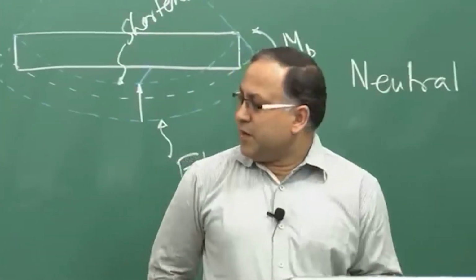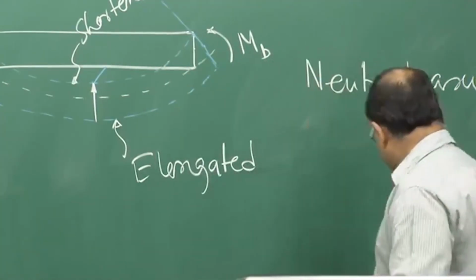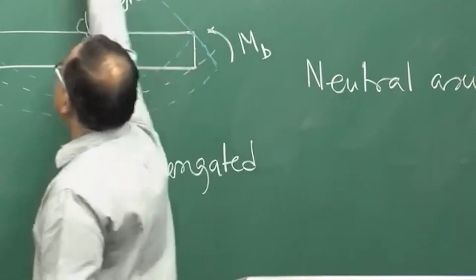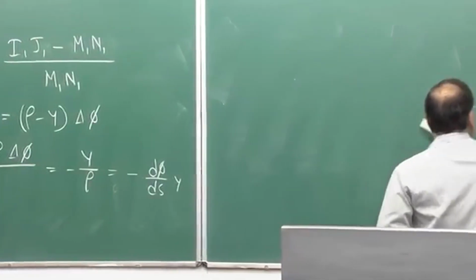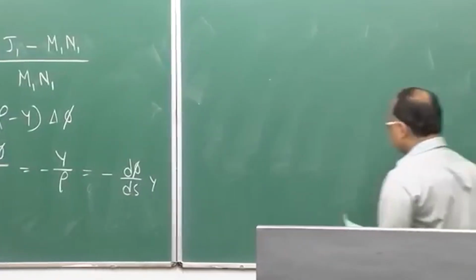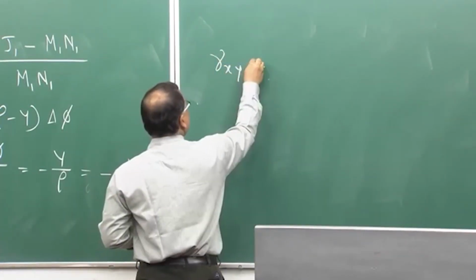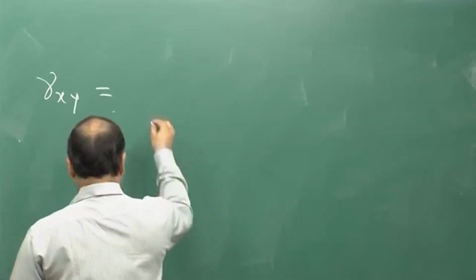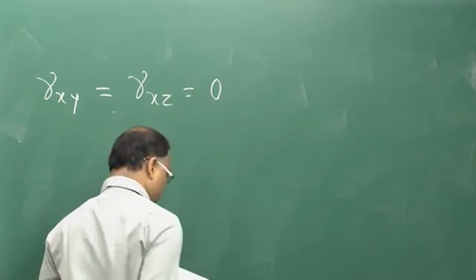So, by following the symmetry argument, I can simply write that the shear stresses on that plane must be 0, otherwise you will not be satisfying your symmetry. By following the symmetry argument, your gamma xy must be equal to gamma xz, which must be equal to 0.